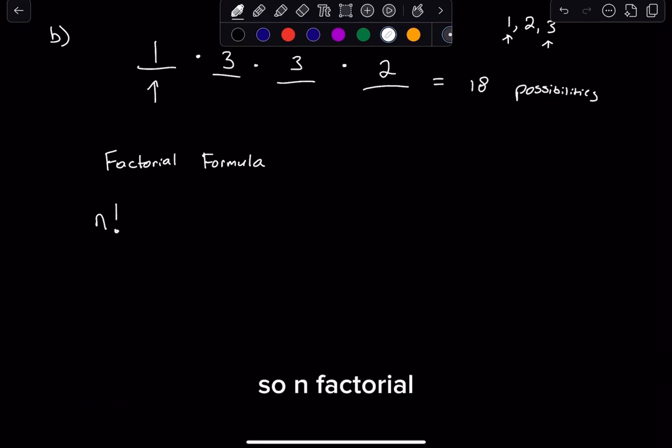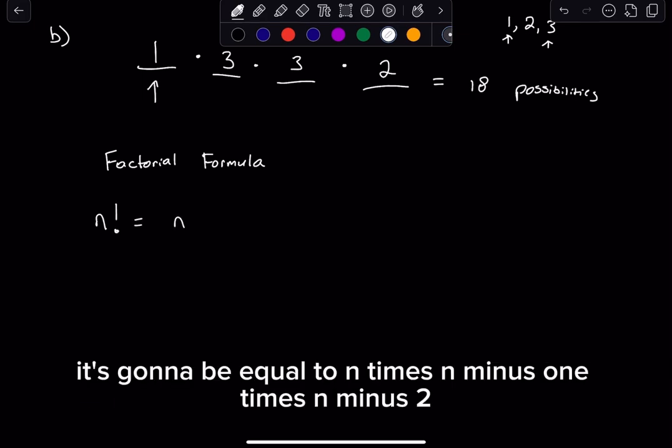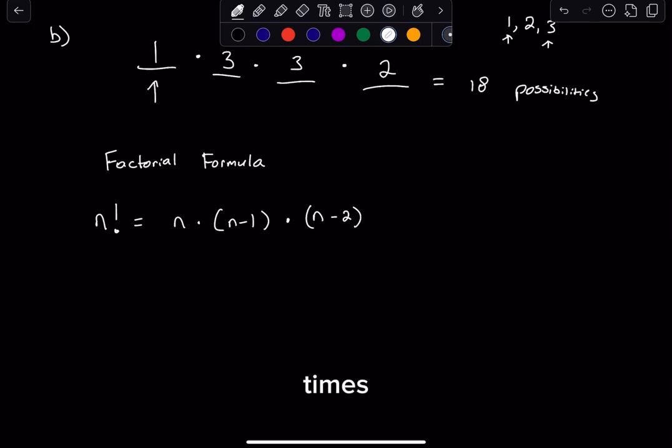So n factorial is going to be equal to n times n minus 1 times n minus 2 times, till we get to the end.